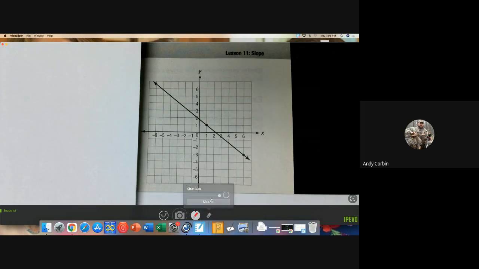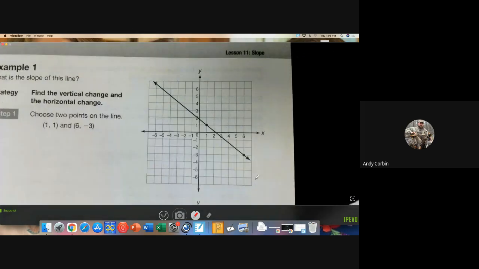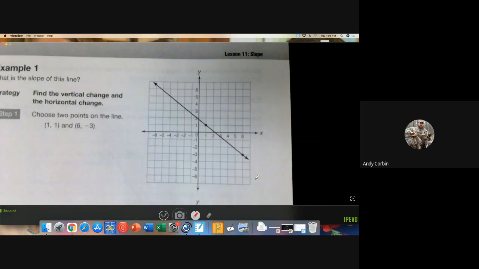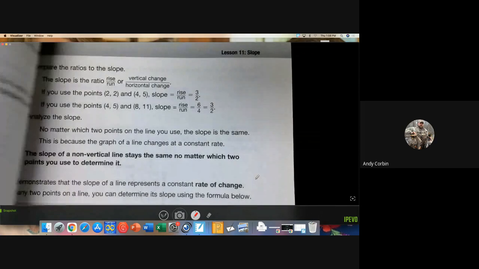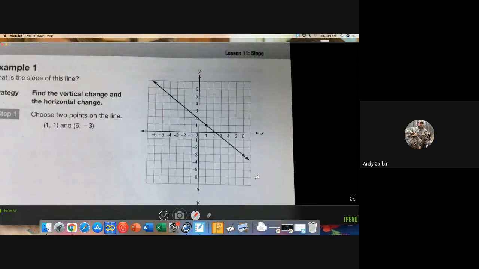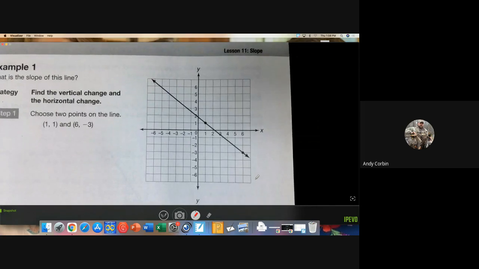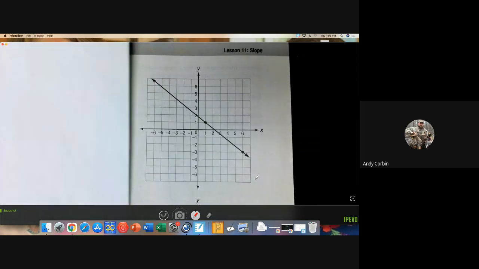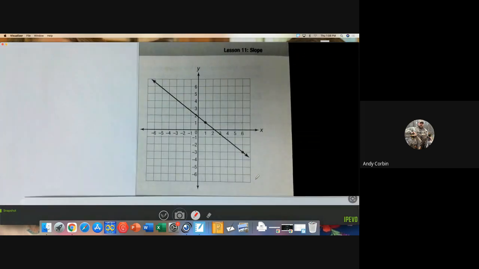Okay, let's do another one. Did you figure it out, Miss Cullen? No, I did not. Did you draw your line the same? Pretty much similar, yes. Well, it can't be similar. It's got to be the same.